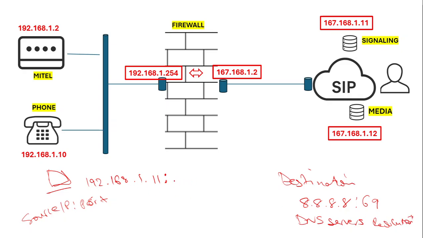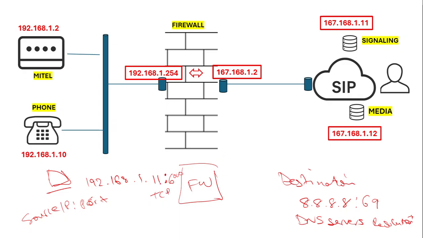So it's going to come here onto the firewall and it's going to generate its port, probably port 6000, and it's TCP protocol.